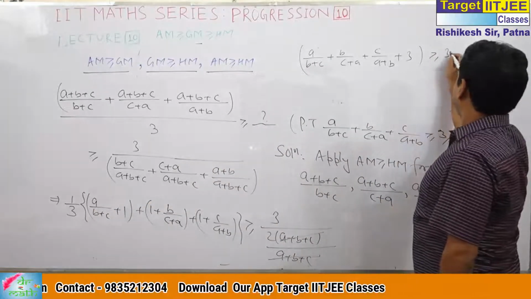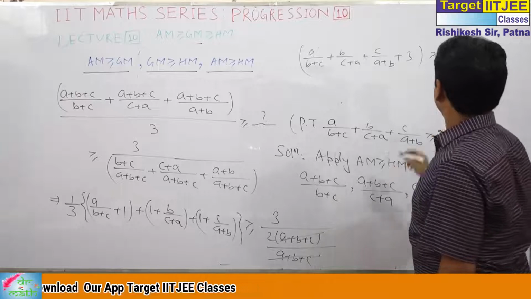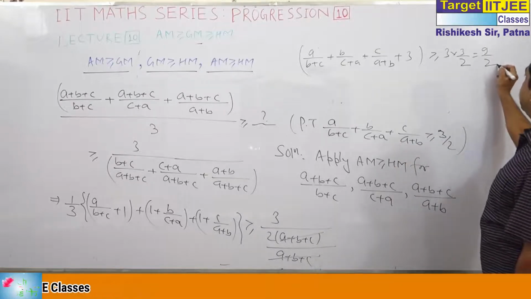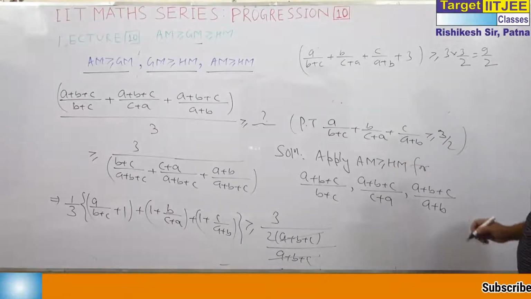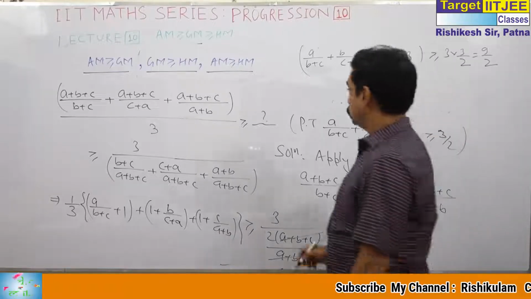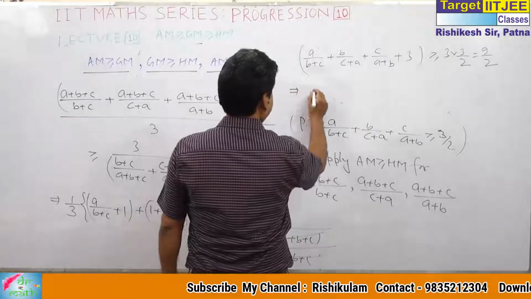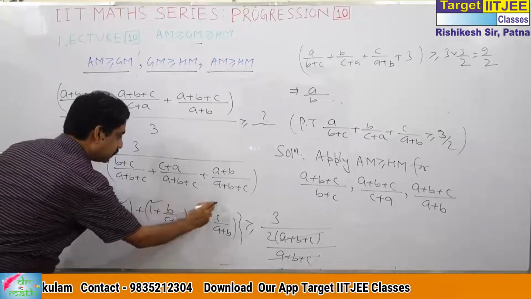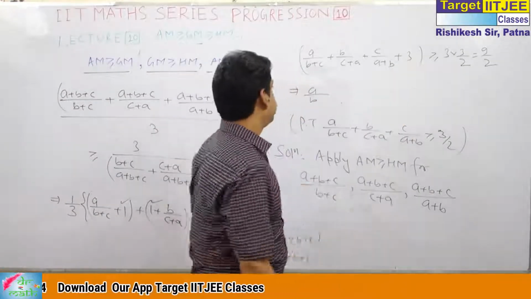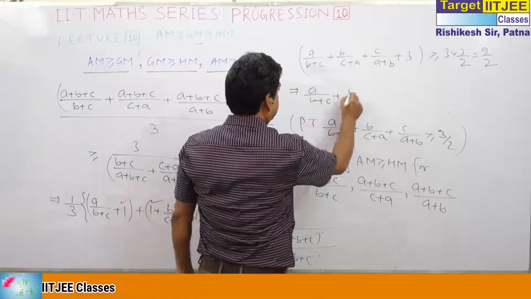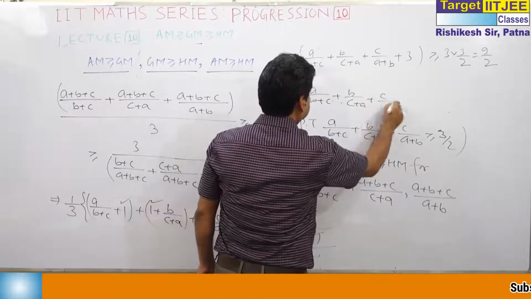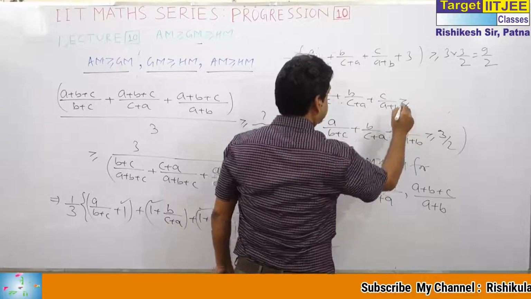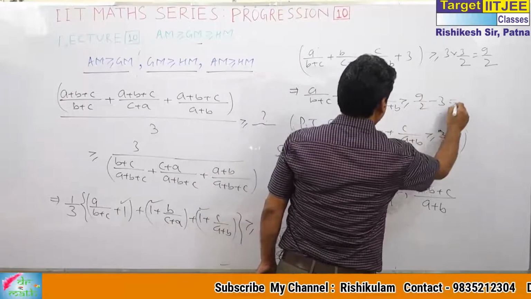This is 3 into 3 by 2, which is actually 9 by 2. So 1 plus 1 plus 1 makes 3. This is B by C plus A plus C by A plus B greater than or equal to 9 by 2 minus 3, which is 3 by 2.